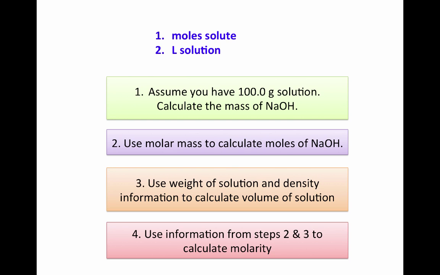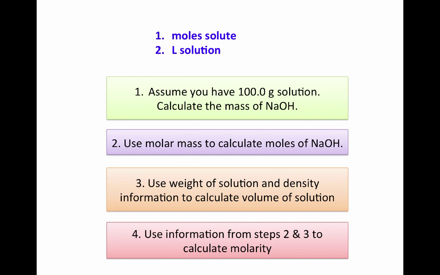We are going to use the mass of NaOH that we calculate in step 1, along with the molar mass of sodium hydroxide, to calculate the moles of sodium hydroxide. So that will give us the first thing that we want to calculate. Now, the second thing we want to calculate, remember, is the volume of the solution in liters.